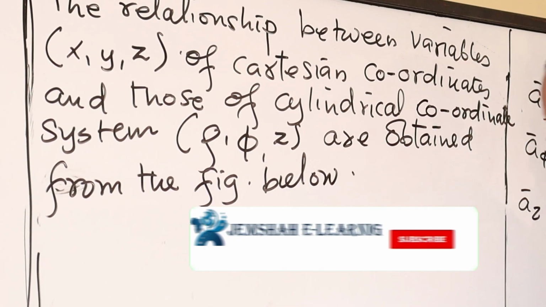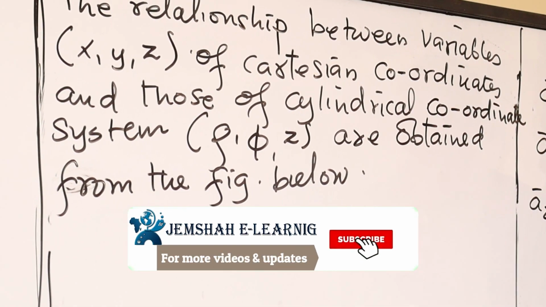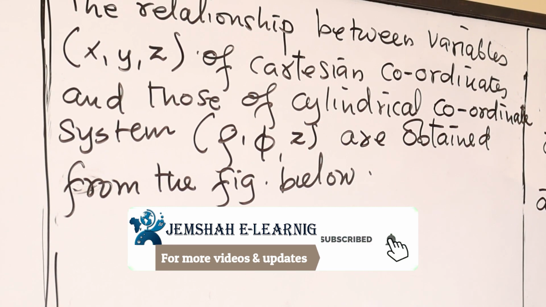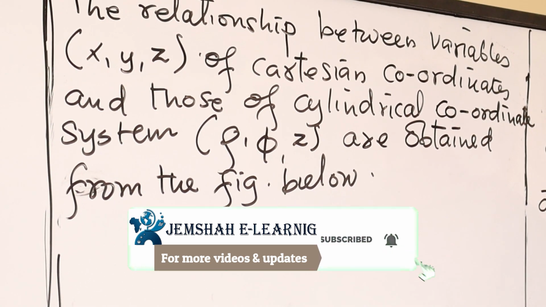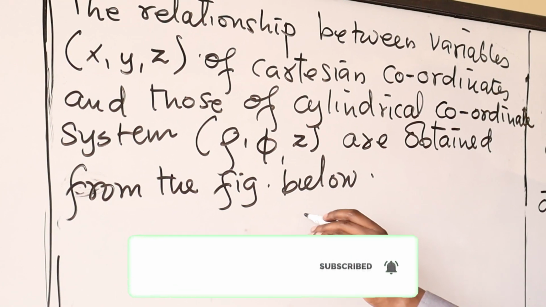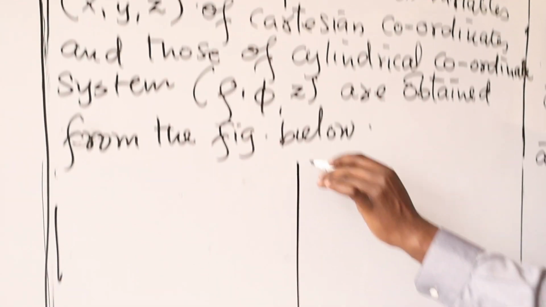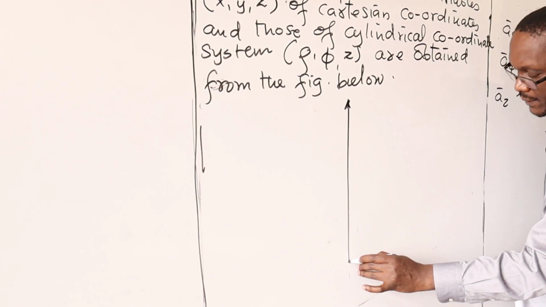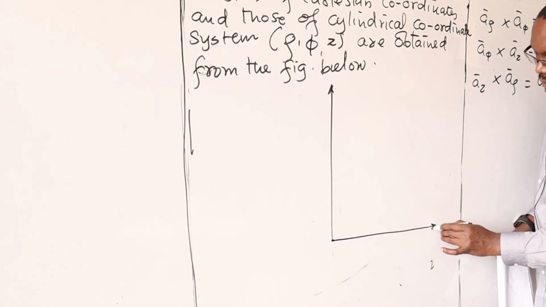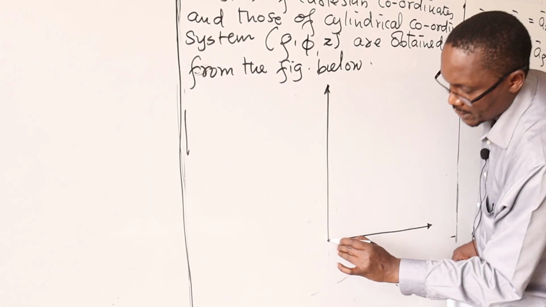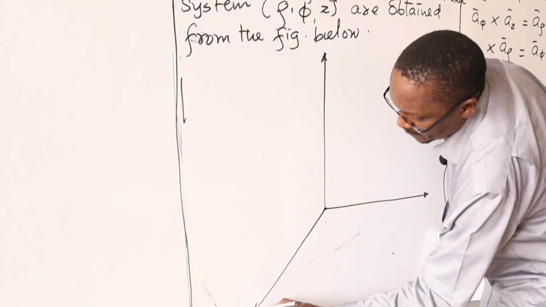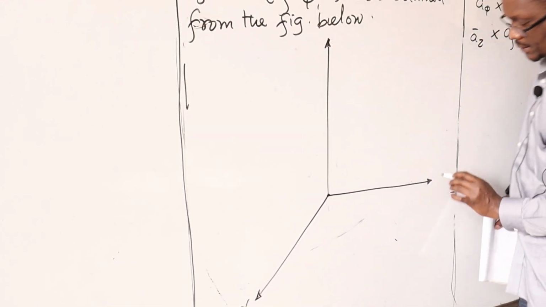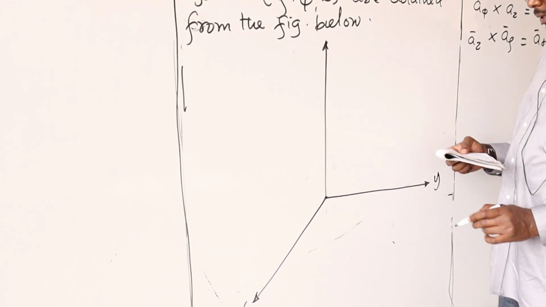So let us see our simple figure that will relate the two coordinate systems, and it's also very important. So if we have that as our z axis, then we have this as our y axis, and then we have that as our x axis, like so.